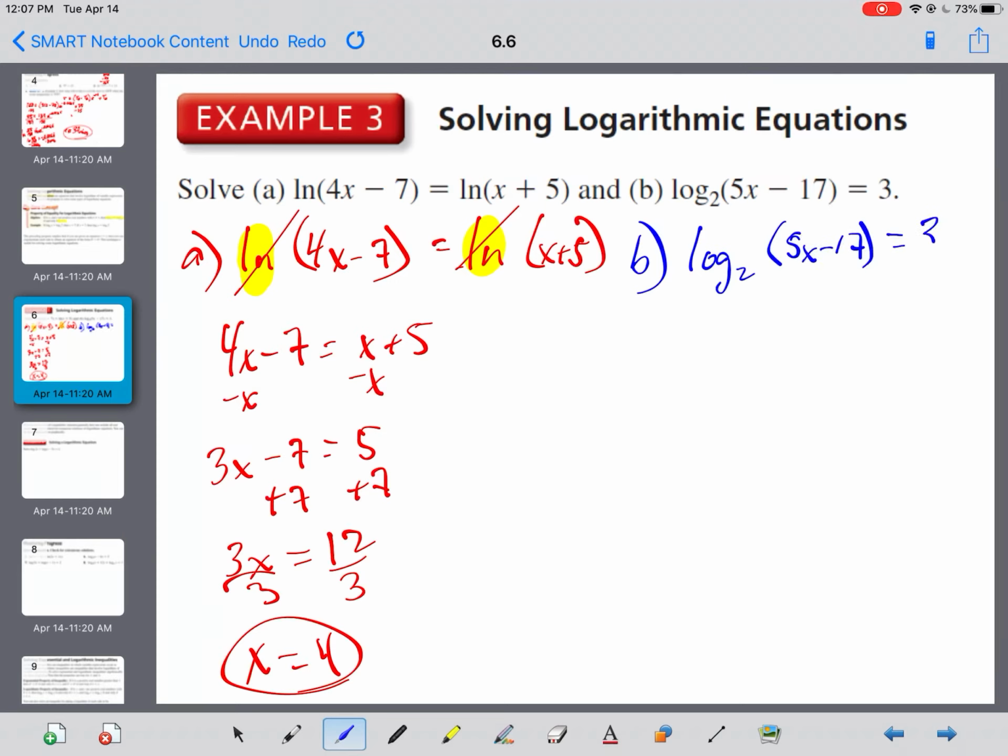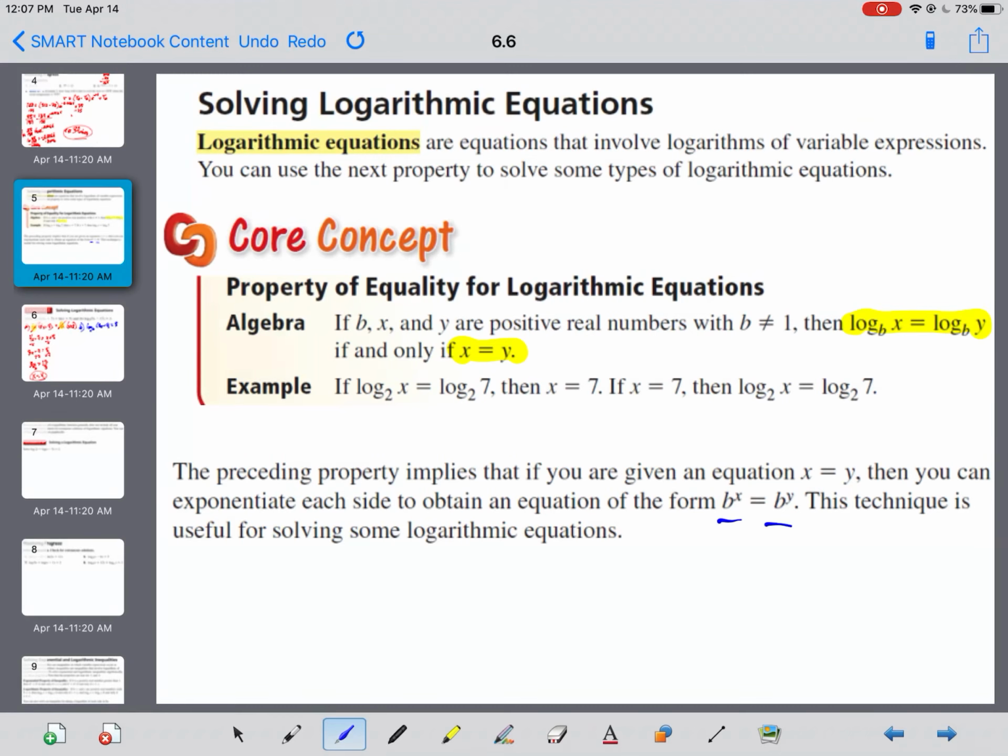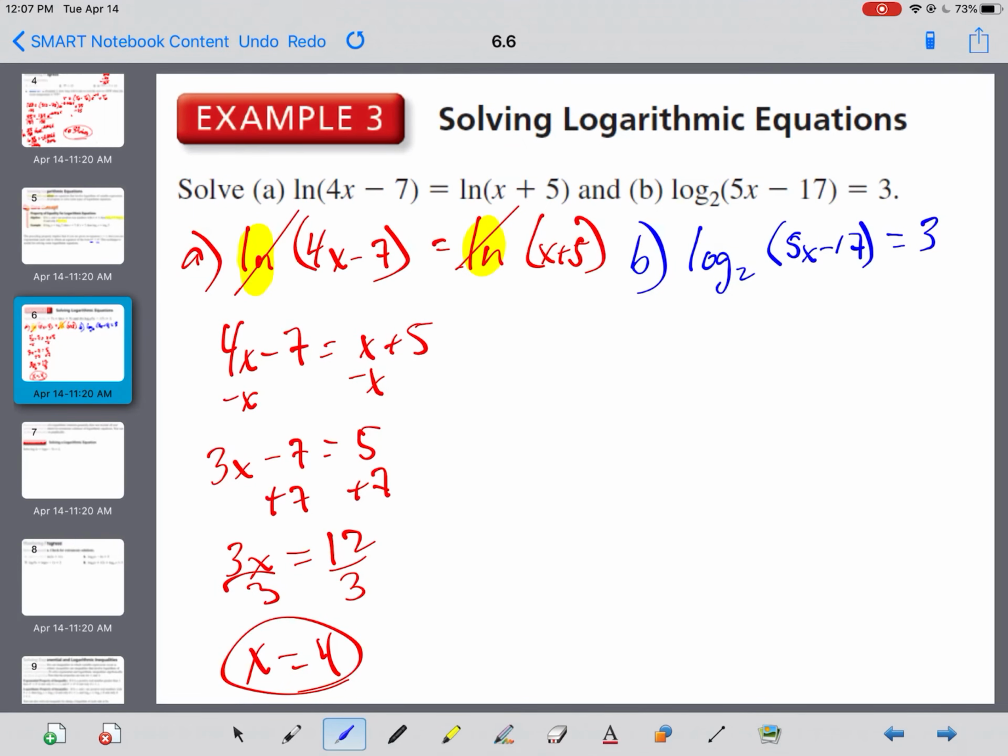Let's look at B. Log base 2 of 5x minus 17 equals 3. Well, this time we don't have a log on both sides. But remember, like it said, if we raise to the same power, then it makes those sets equal to each other. So what we can do here to get these out of there is raise them to the same power.